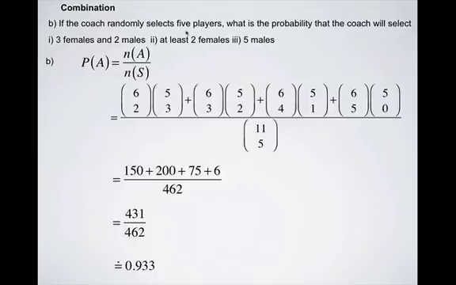Now this would have been easier if you had done 1 minus the number of ways. So you could have calculated the number of ways you could pick 0 females and 1 female, and subtracted that from 1.